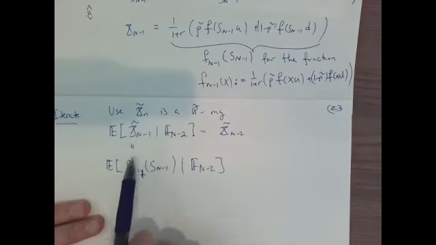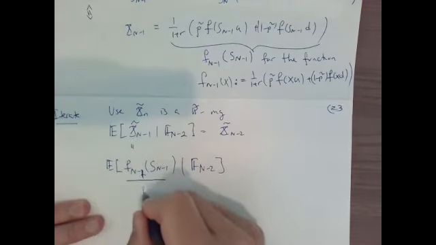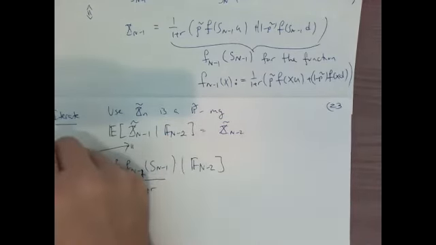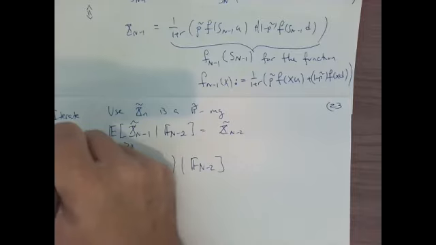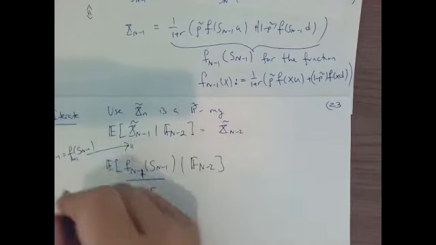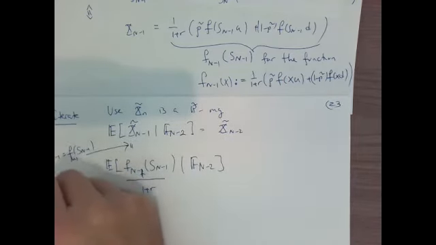That's not quite right. I need to divide here by 1 plus r, right? This one uses that X_{n-1} is equal to F_{n-1} of S_{n-1}. So if I want to get the tilde one, I need to divide.